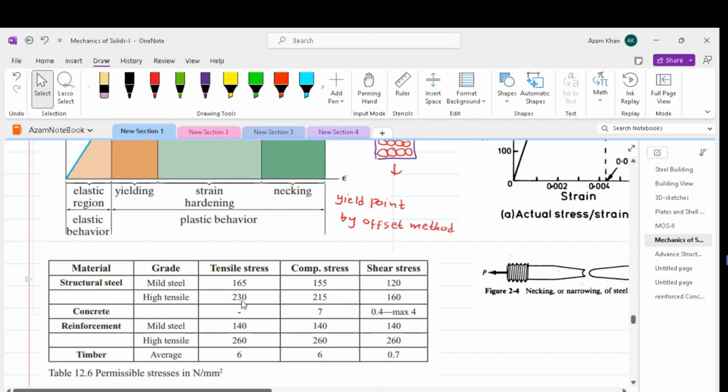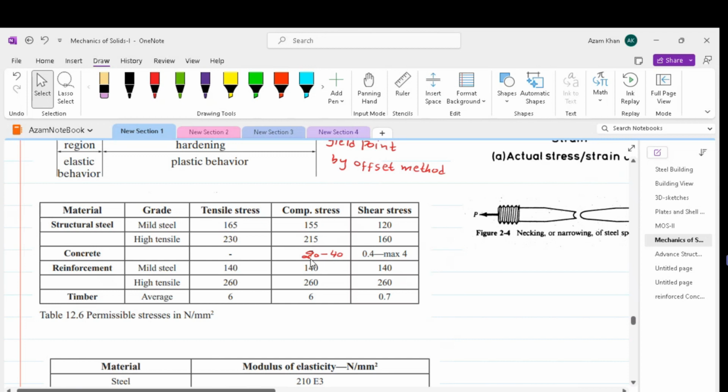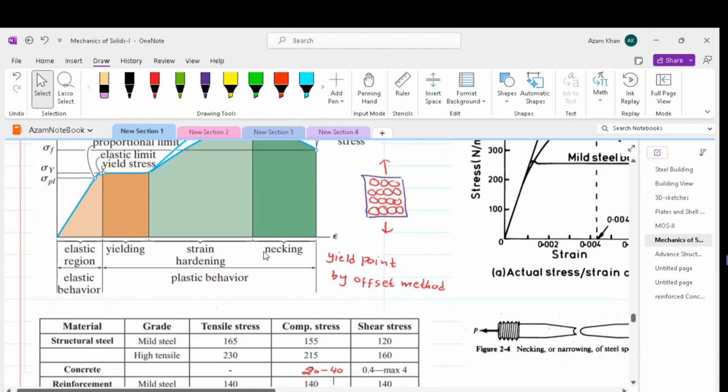High tensile has got 230 tensile and 215 megapascal compression stress. Concrete can have compressive stress between 20 to 40, even up to 50 megapascal compressive stress has also been achieved. These are very approximate values and we can have a structure steel having a strength of 500.